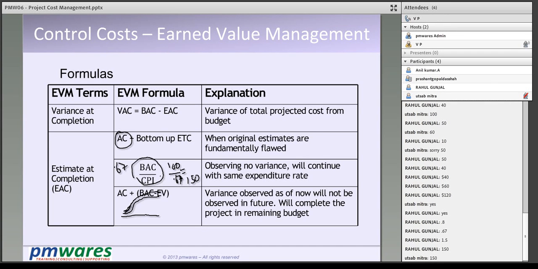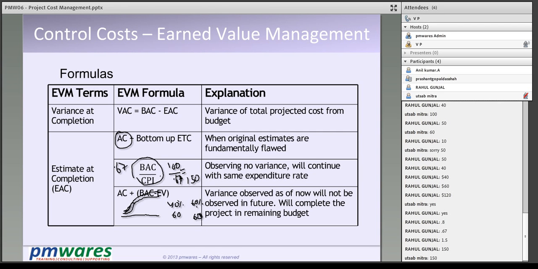So whatever variance has come so far will stay till the end. As of now I have achieved $40 worth of work in $60, but whatever remains I will complete in the remaining budget. Remaining is 60%, and I will achieve this in $60. That is what I am saying.